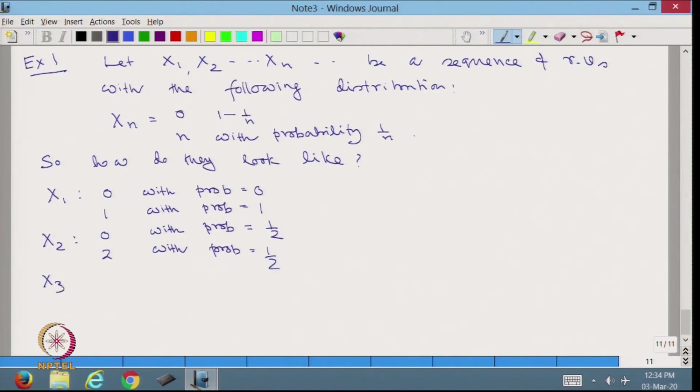Let us consider X3, which takes the value 0 with probability 2 by 3, and it takes the value 3 with probability 1 by 3.